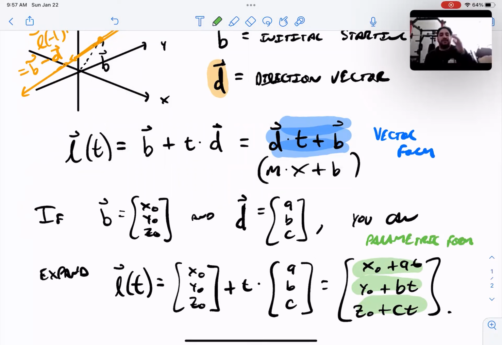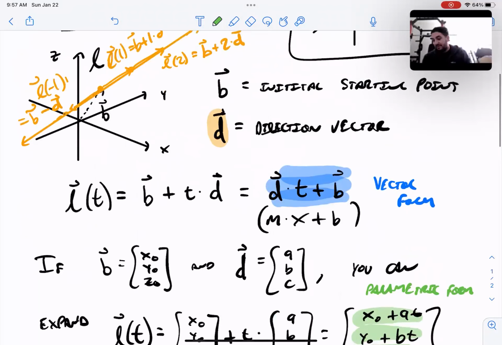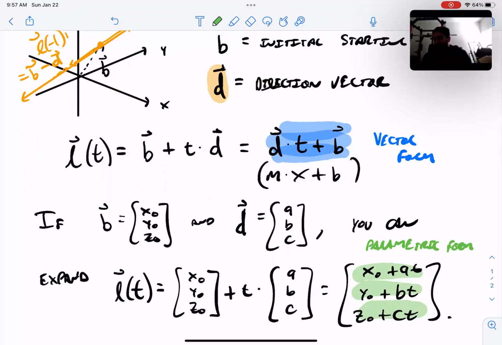It's two sides of the same coin. It's just whether you're keeping it written using vector notation or whether you're expanding out those vectors into their components. But either way, you're doing the same thing. So that's vector form or parametric form of a line. It's a very nice way to represent a line using our vector geometry, where you're basically just doing mx plus b, but with vectors.